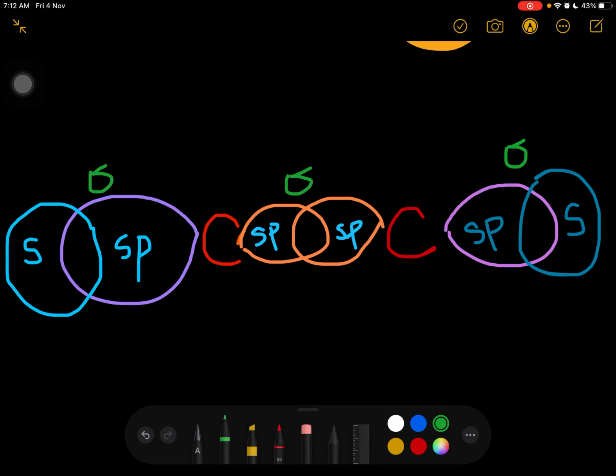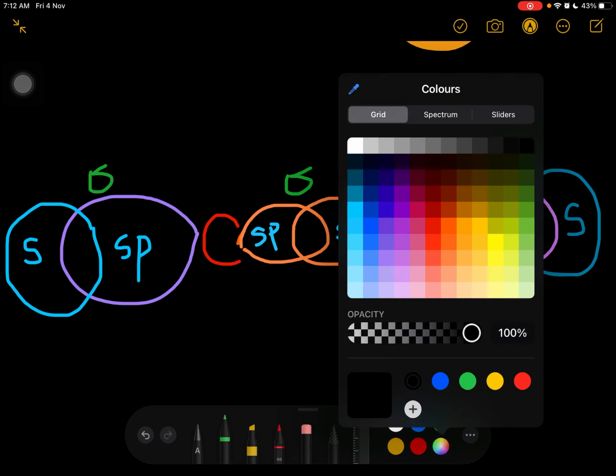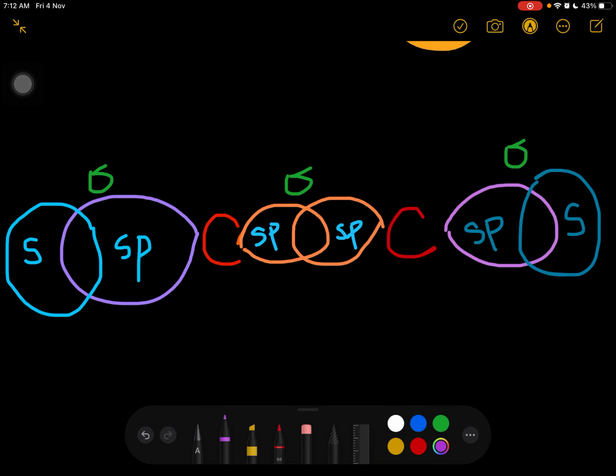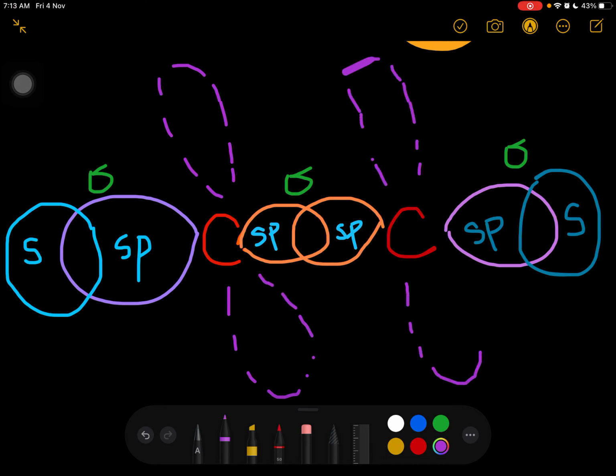So now we also have to mention the pi bonds. They are imaginary, but we have to show the lines too. First of all, we have this one, then we have py and pz. One is in one plane and another is in the other plane.